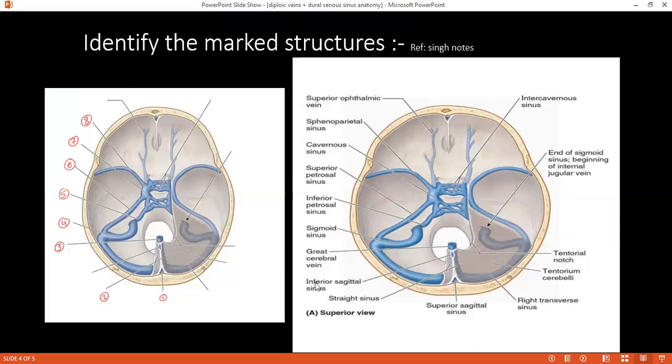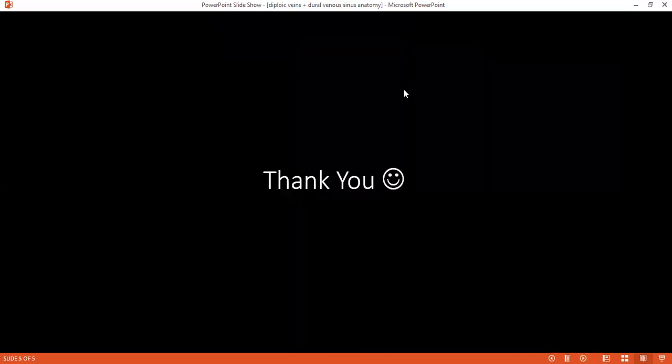And then the 4th one is the sigmoid sinus. 5 is the inferior petrosal sinus. And 6 is this one, superior petrosal sinus. 7 is here, this one, cavernous. And then 8, you already know. Good. Right. Thank you.